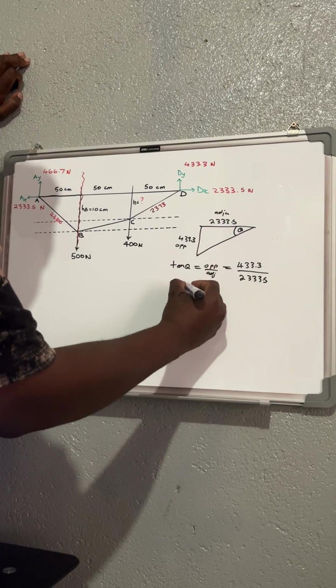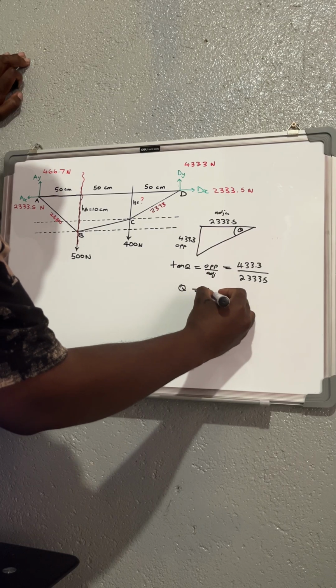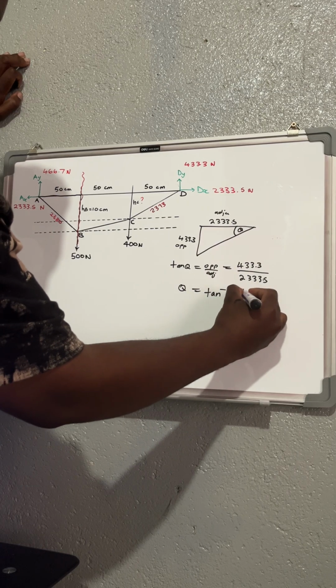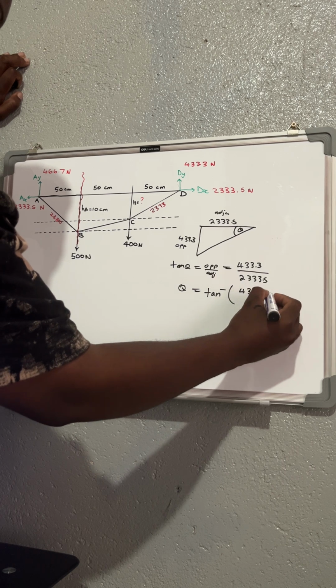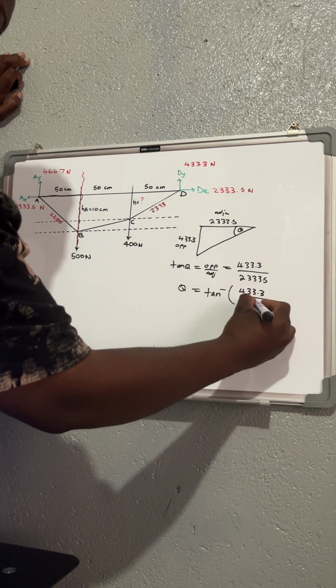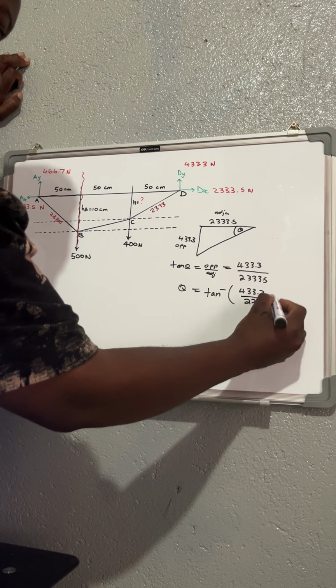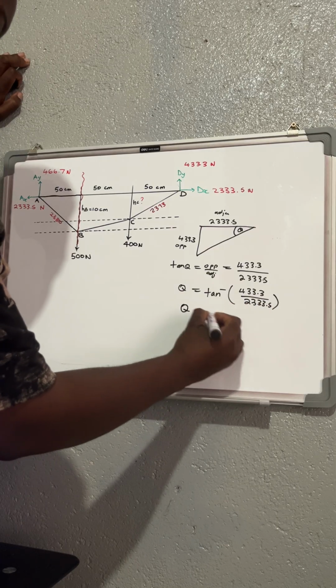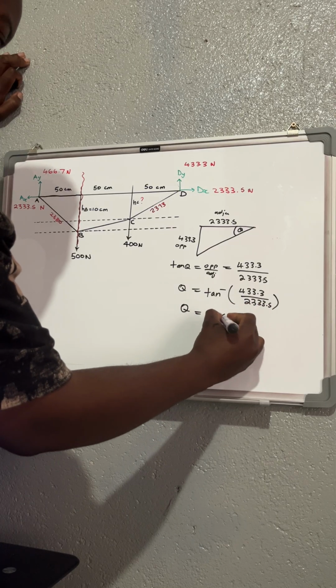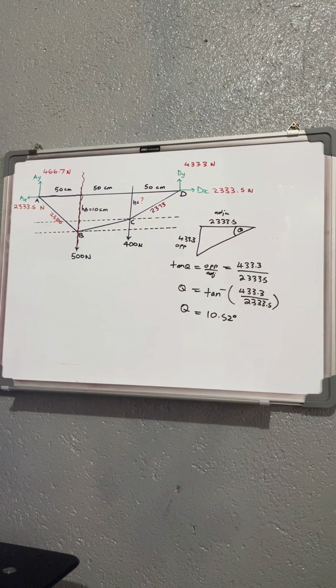Then theta is equal to the arctan of 433.3 divided by 2333.5. Then the angle will give you 10.52 degrees.